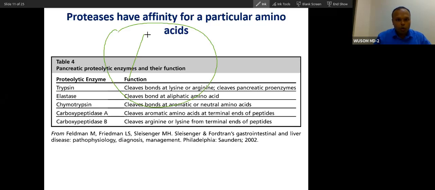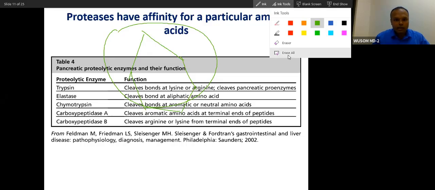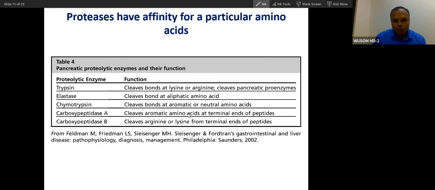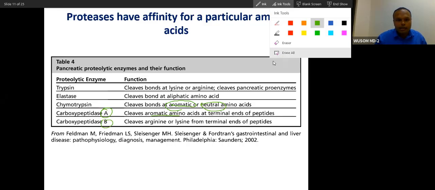Chyme-O, made this O very big and remembered this. So you can use that. Chymotrypsin acts on aromatic amino acids especially, and then neutral amino acids. Then carboxypeptidase: A for, as I've told you, aromatic, B for basic, arginine, lysine. You can easily understand this.